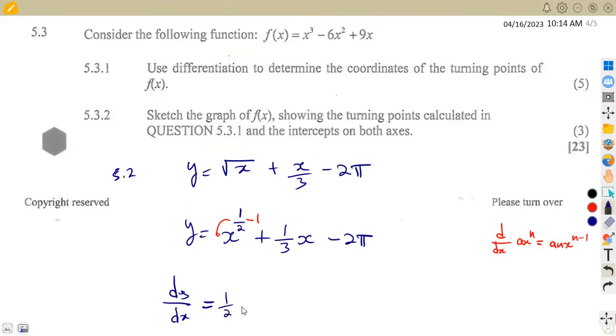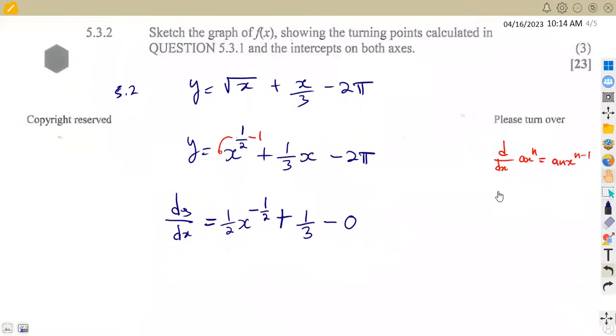We drop the half here, then we subtract 1 on the exponent. So half minus 1, that's a negative half. This is a third x, which is a linear expression, so you just take the third, that is 1 over 3. So it is going to be plus 1 over 3. Minus 2π, this is a constant, so the derivative of a constant is going to give us a 0. So there's nothing that we're going to have in this case.